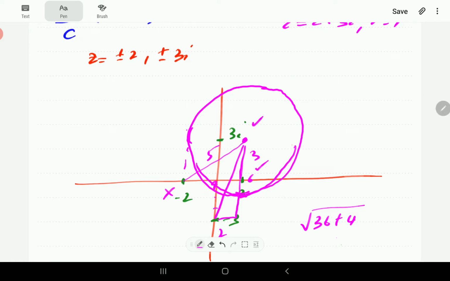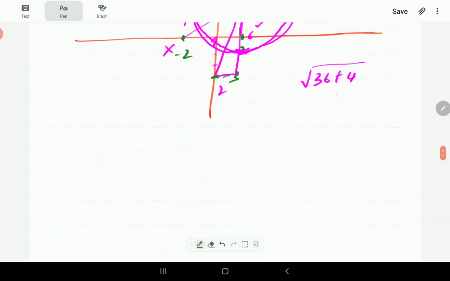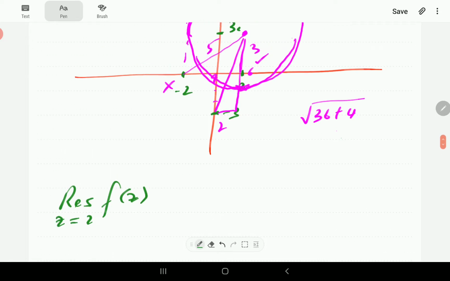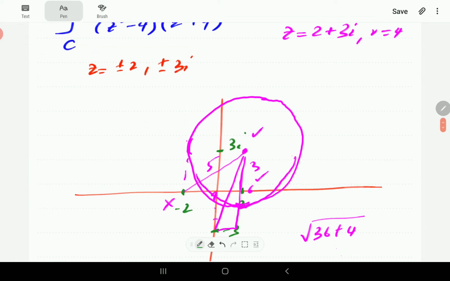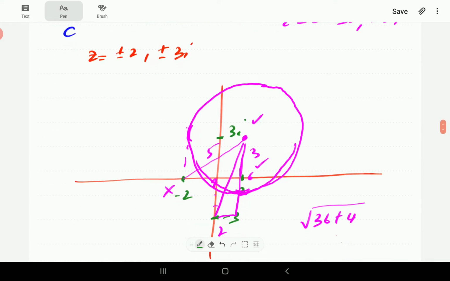So we need to work on the residues of this function at 2 and 3i. If we start with the one at 2, we're going to use the formula for the residues of a function which is a rational function.